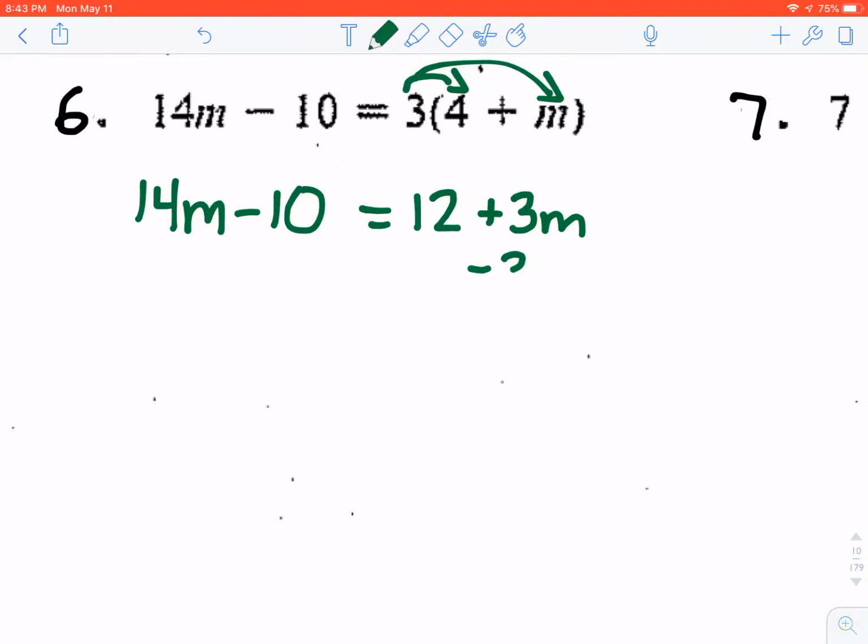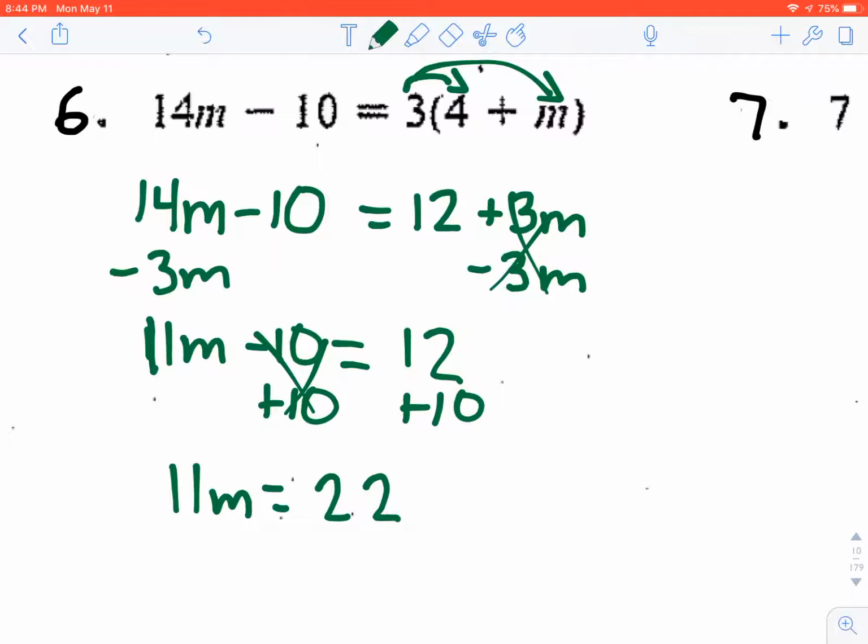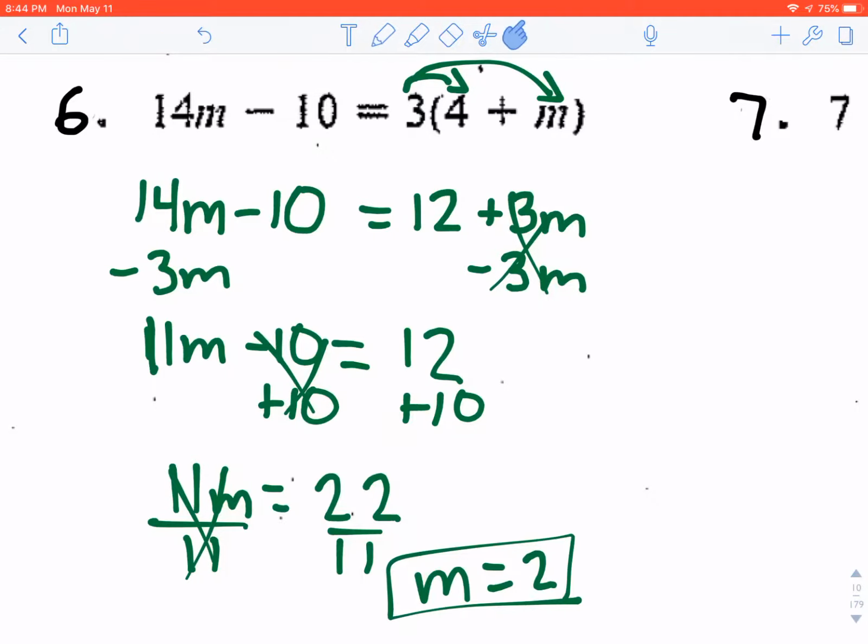The next step where you can do something is move your variables to the left. So you have 11m minus 10 equals 12. Add your 10 to both sides. So you had 11m equals 22. And then divide by 11. So you should have gotten m equals positive 2.